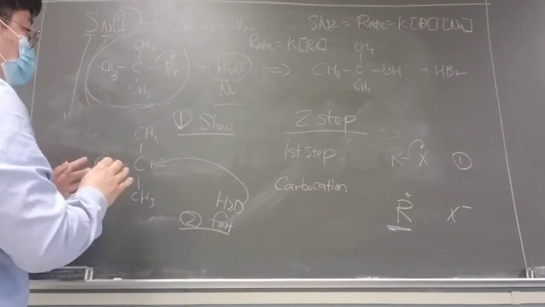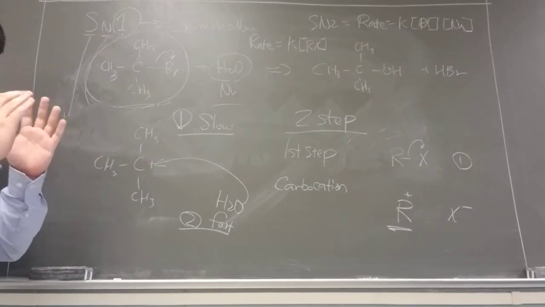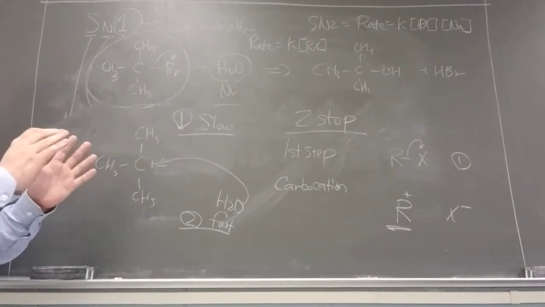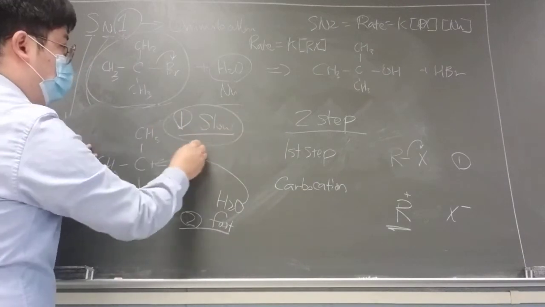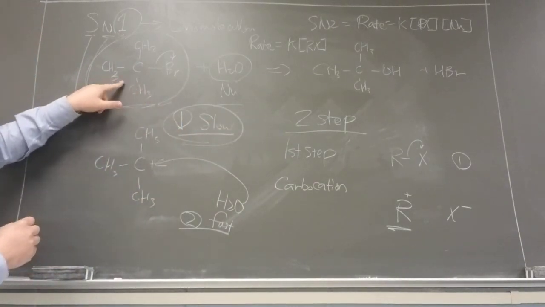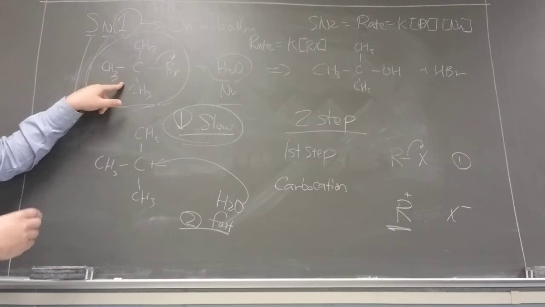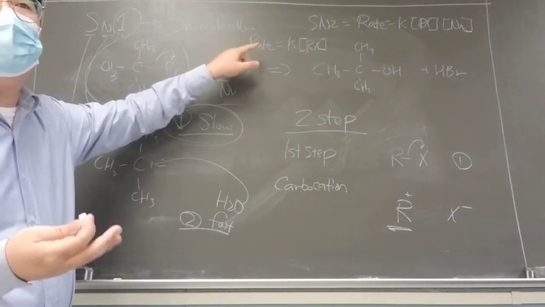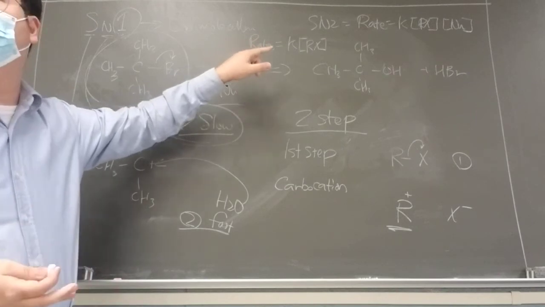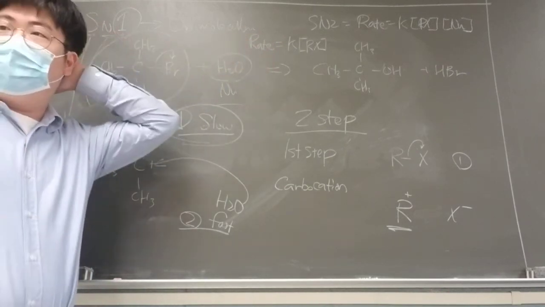So the only thing that really determines how fast your reaction will be in SN1 is the first step. This is why the concentration of this one is the only thing that matters to the rate of your SN1 substitution reaction. Kind of makes sense, right?